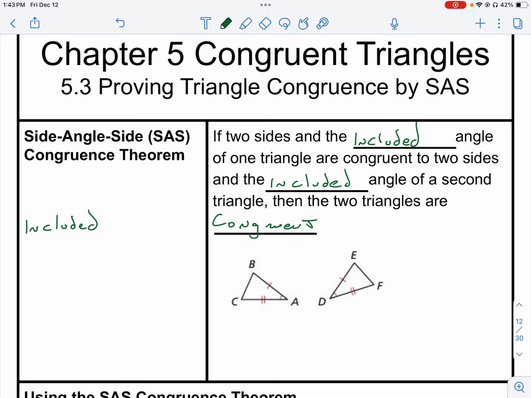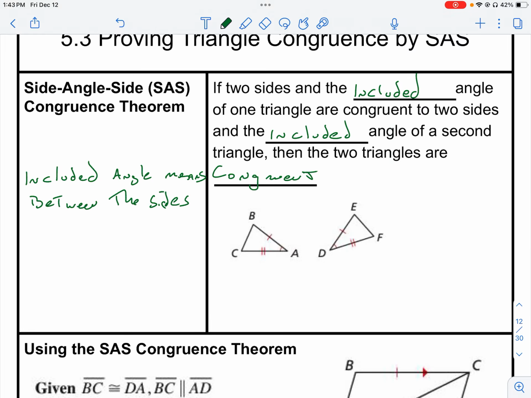An included angle means between the sides. So it's got to be between the congruent sides.